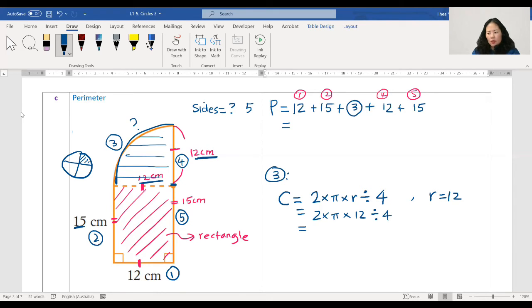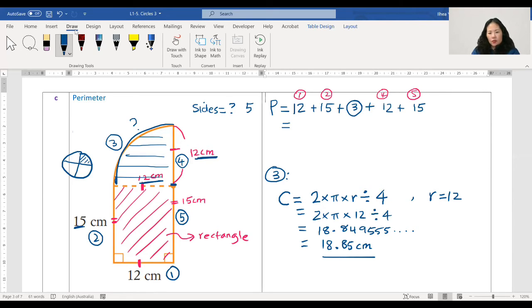So that will be 18.8499555..., but I just want to have 2 decimal places. 18.85 centimeters. Okay, that's for my third side.